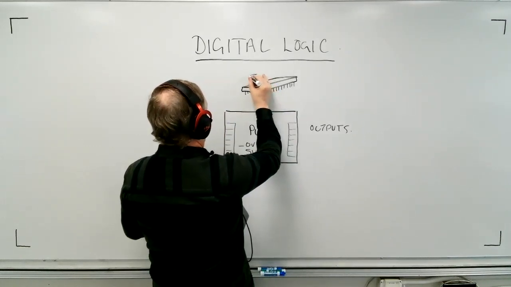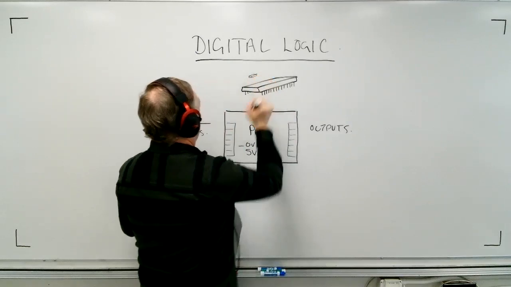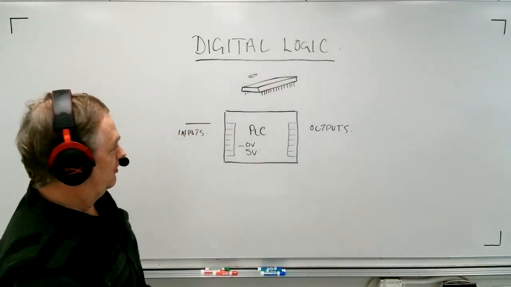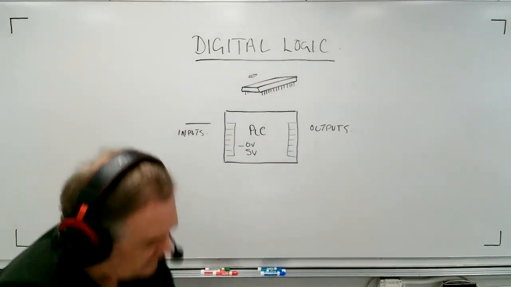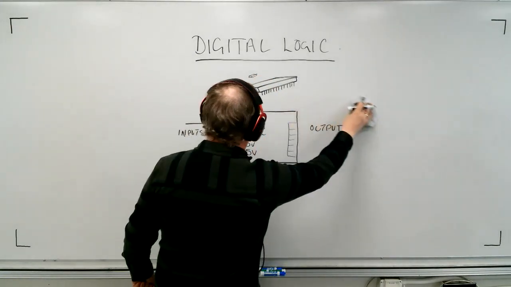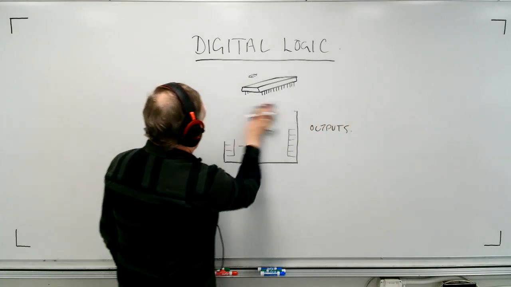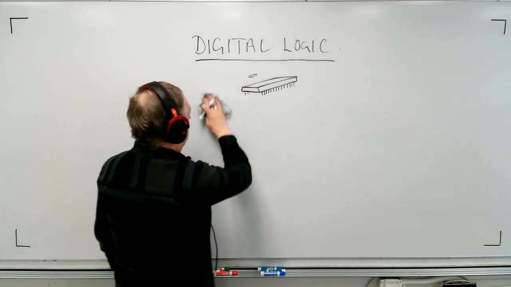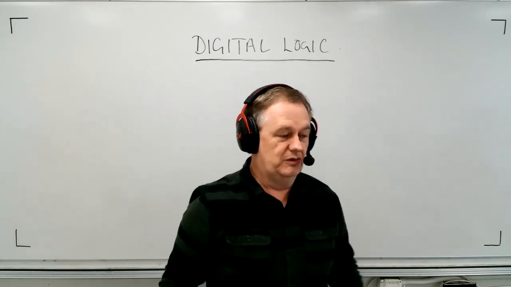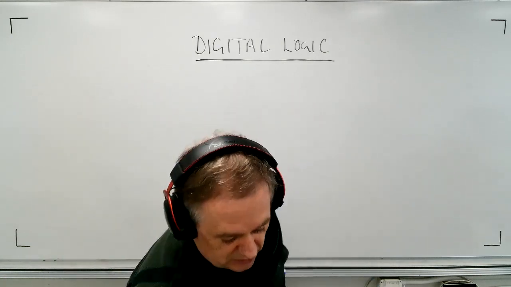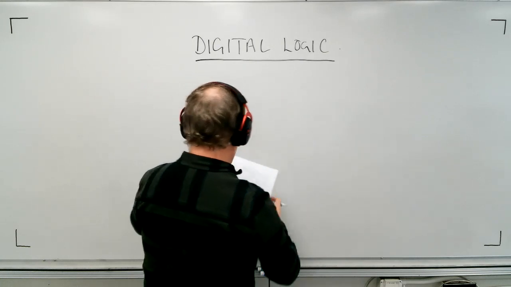This is probably a big one right there. Okay, so very, very small components. And so what I want to show you is the gates, and then a comparison of what a motor control circuit that we would have hardwired would look like in comparison to that gate.